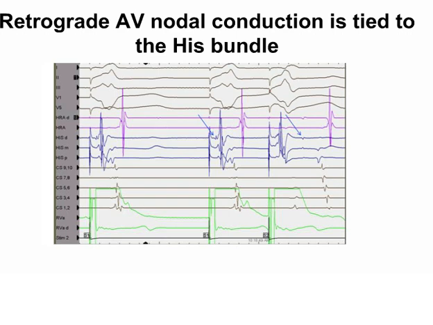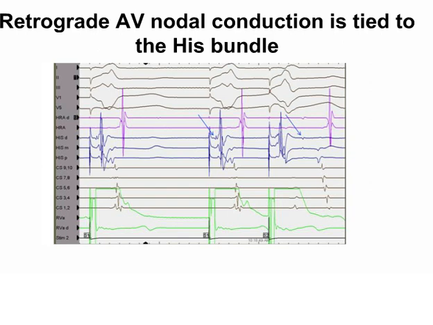And then when we put in a premature, that little His signal disappears and it pops way out. We call it His out the back. So the His bundle electrogram gets later, and why would that be? Well, the reason is the shortest route to get through the AV node from the right ventricle is to go up through the right bundle, and then into the AV node, and then the atrium.